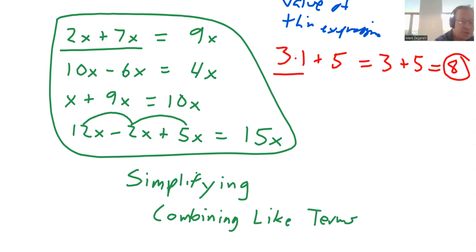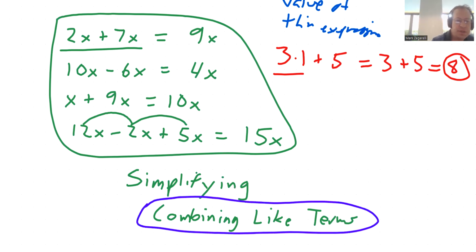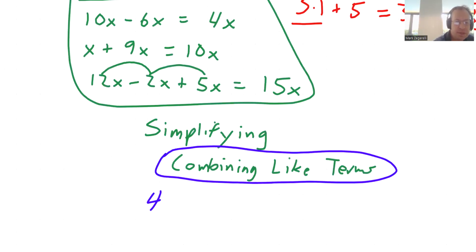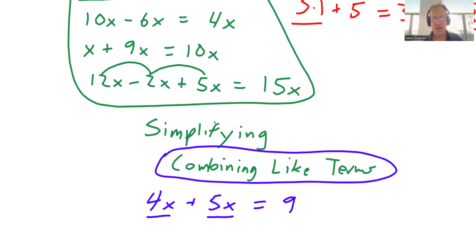What we've been doing this whole time has been combining like terms. And so when we see a 4x plus a 5x, these are like terms. They are terms that are similar to each other because they both contain x's, just one x. And so we know that we can call that 9x.